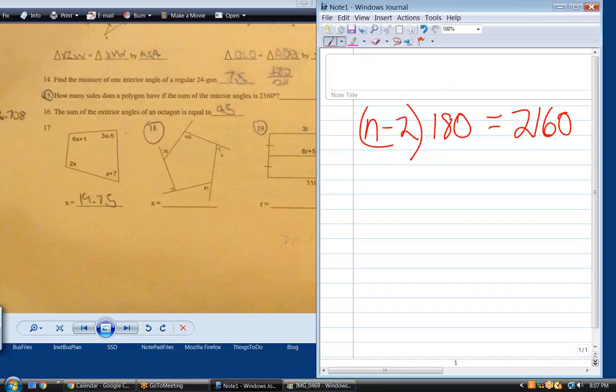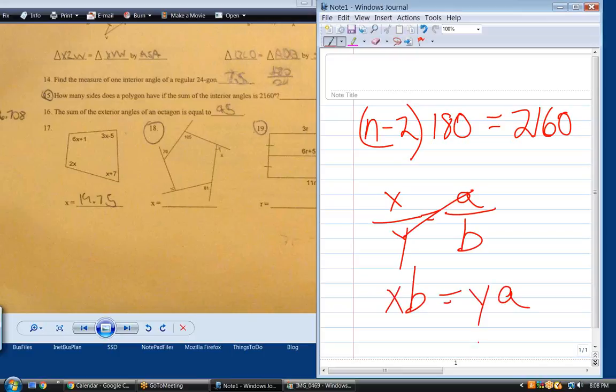What they told us to do was cross-multiply, but I'm not quite sure what we'd cross-multiply. Cross multiplication is when you have a fraction. In other words, if I had x over y equals a over b, I could cross multiply to get x times b equals y times a.